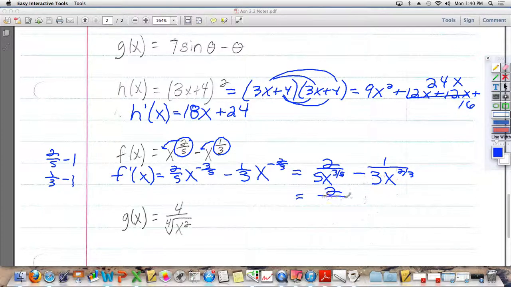So we have 2 over 5. We have x to the 3/5 power. Well, that 5 on the bottom means that is our root. So we're taking the 5th root of x to the what power? To the 3rd power. Yes. Minus 1 over 3. The denominator 3 means the cubed root of x to the power of 2. So either one of those answers.